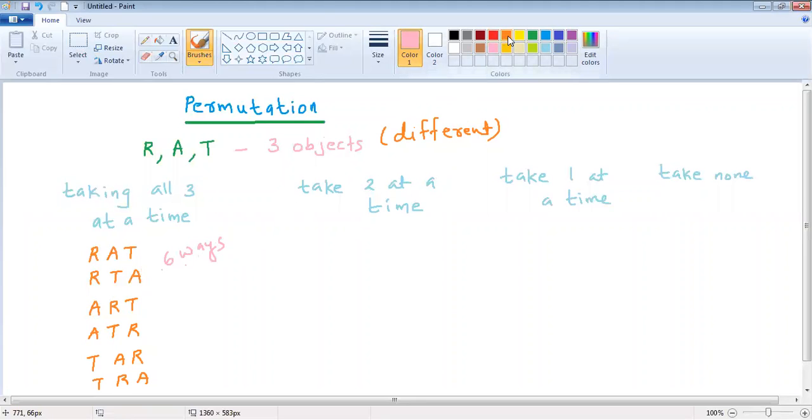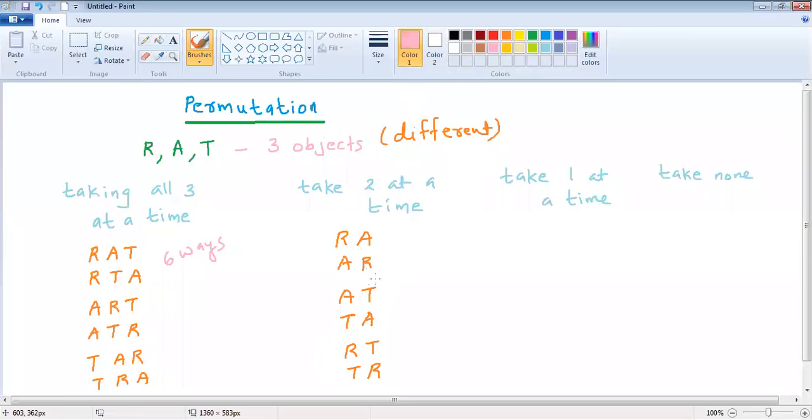So if you take two at a time, say for example, if you're taking R and A, you can arrange like this, R, A, A, R. Or if you're taking A and T, you can arrange like this, A, T, T, A. Or if you're taking R and T, you can arrange like this, R, T, or T, R. See, when you take two at a time, how many ways are there?